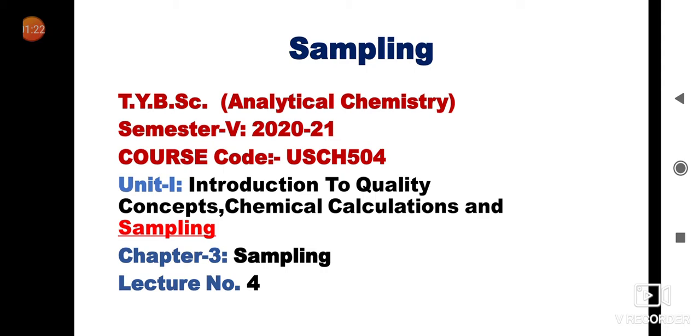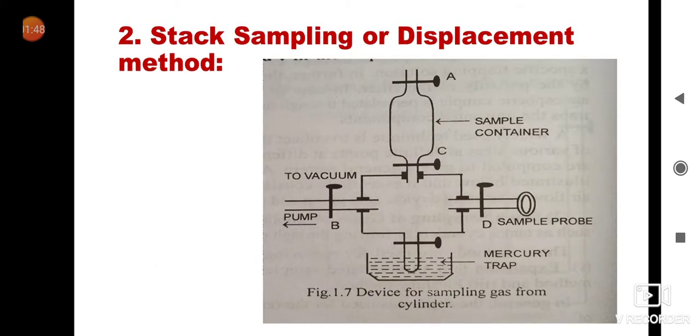We have seen the important parts of that apparatus in the previous lecture, and we covered the first method, that is expansion, or we can say ambient sampling. Now the second method we are going to start in this lecture is stack sampling.